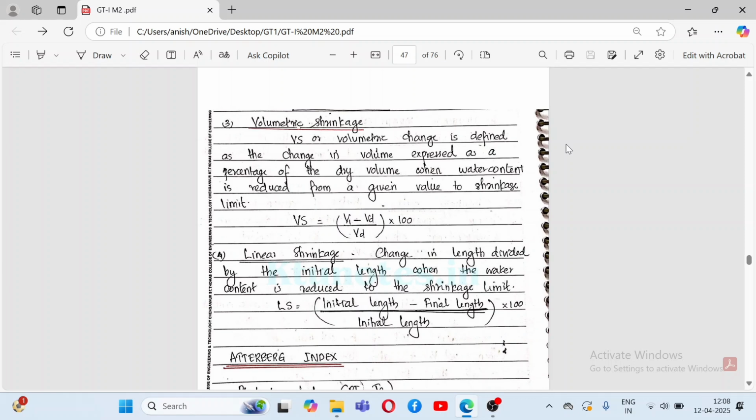So V1 minus Vd divided by Vd into 100. Next is linear shrinkage. Change in length divided by the initial length when the water content is reduced to shrinkage limit. Okay, this linear shrinkage is normally not asked for exams, but still you have to know about it.